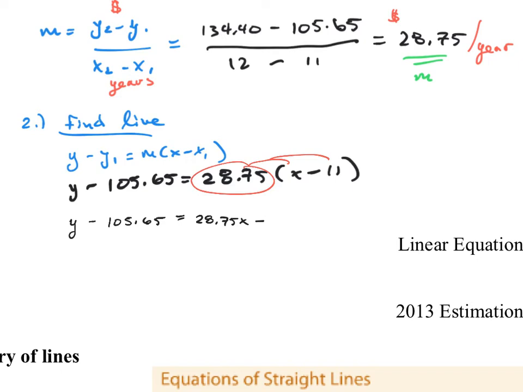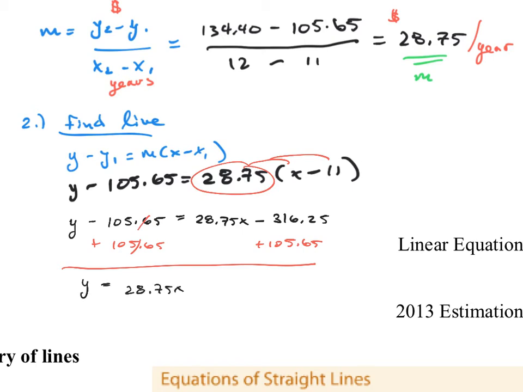Please check my math on this in your calculator. I'm getting minus 316.25. Again, I want to isolate the y here, so I'm going to add that 105.65 to both sides. When I do that, I end up with the equation y equals 28.75x, and then I'm getting minus 210.60. So that would be my linear equation here.